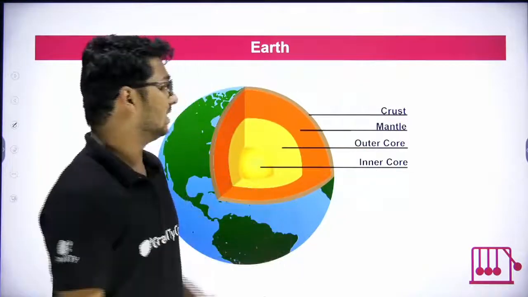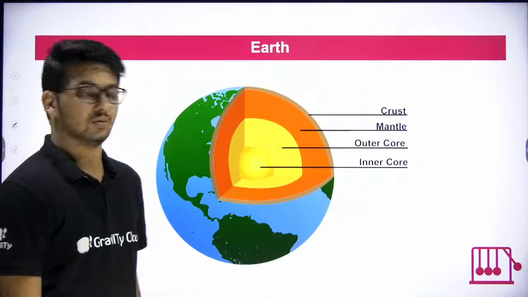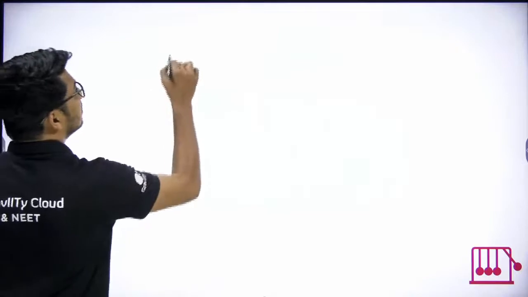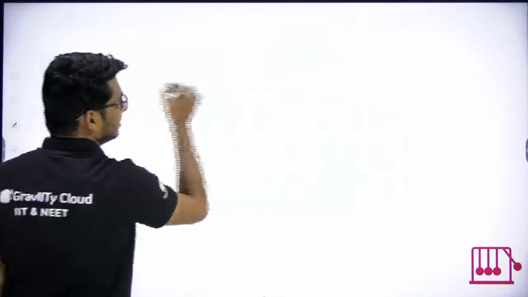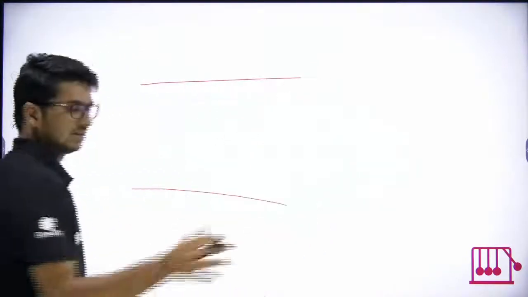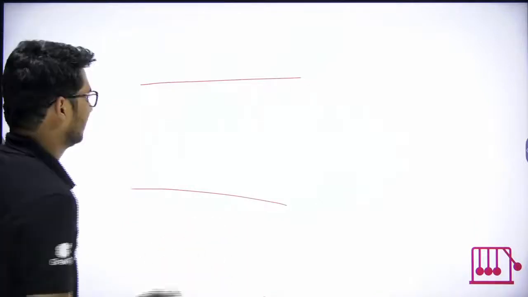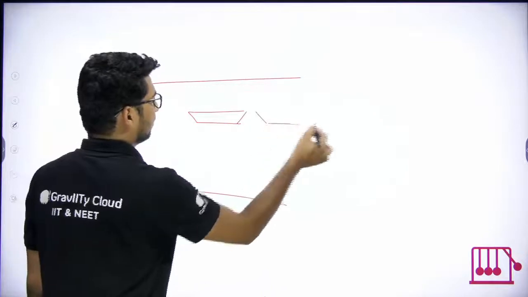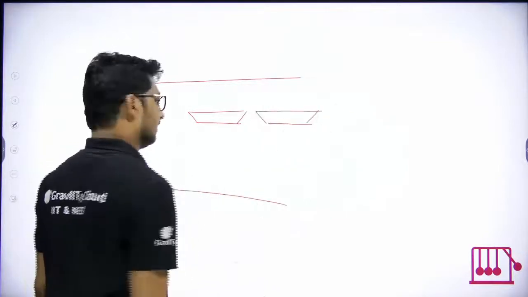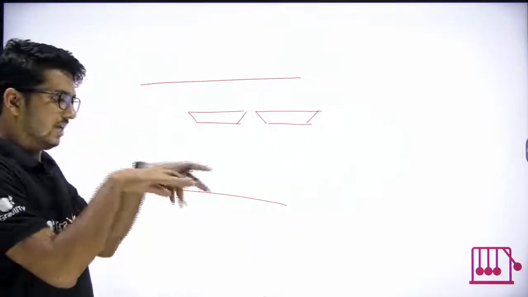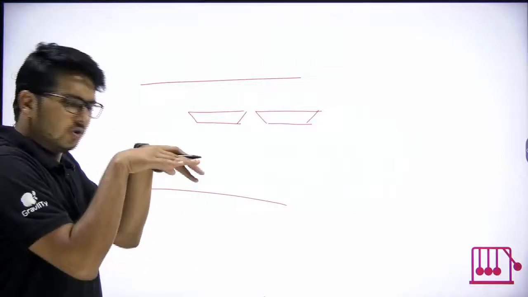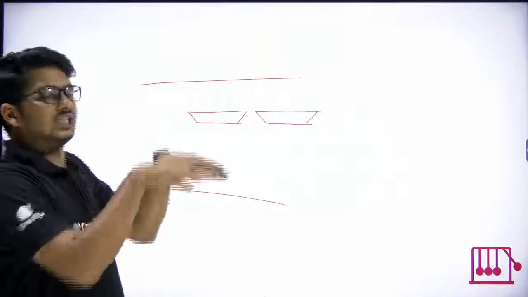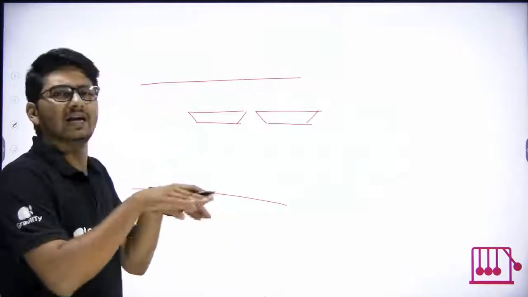Now, why is this important when it comes to earthquakes? I'll give a simple explanation. Let's say there is a river or any ocean, and there are two boats floating side by side. Let's say by accident they touch each other, not very hard, even very lightly.